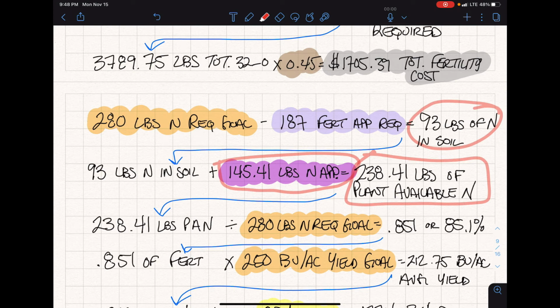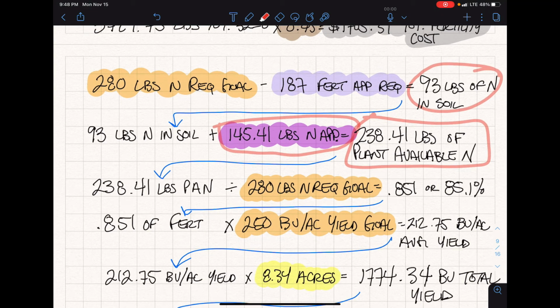Since we know that we're only going to have 238.41 pounds of plant available nitrogen out of our total goal, we need to find out what percent of our goal that is. So we carry our number down, 238.41 pounds, divided by our total goal number, which is 280, which gives us 0.851, or 85.1% of our fertilizer goal was met.